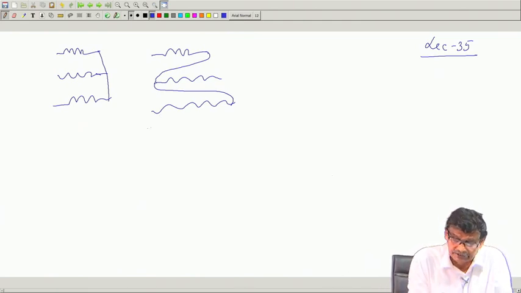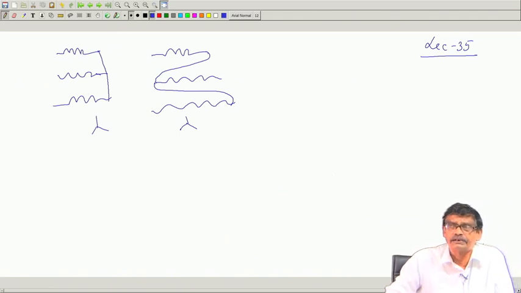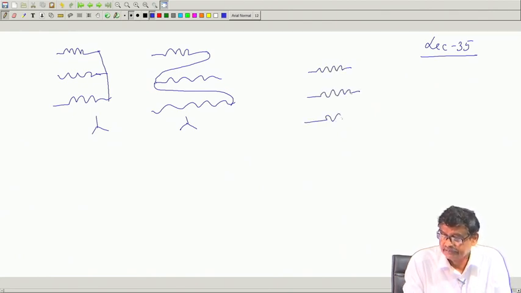Similarly, what is delta connection? Suppose they are resistance or inductance or capacitance, any way you connect is fine. Now, suppose I ask you to connect these three resistances in delta.